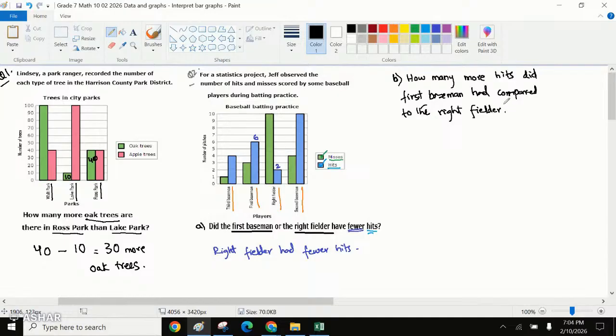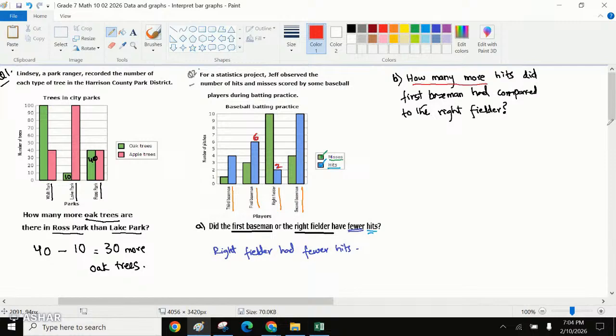We are taking the same values and trying to find the answers, right? We already know that the first baseman had 6 hits and the right fielder only had 2 hits. We need to find the difference.